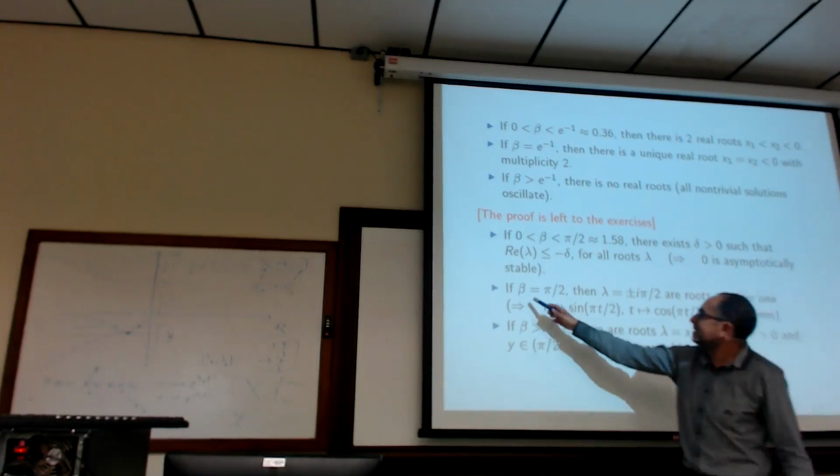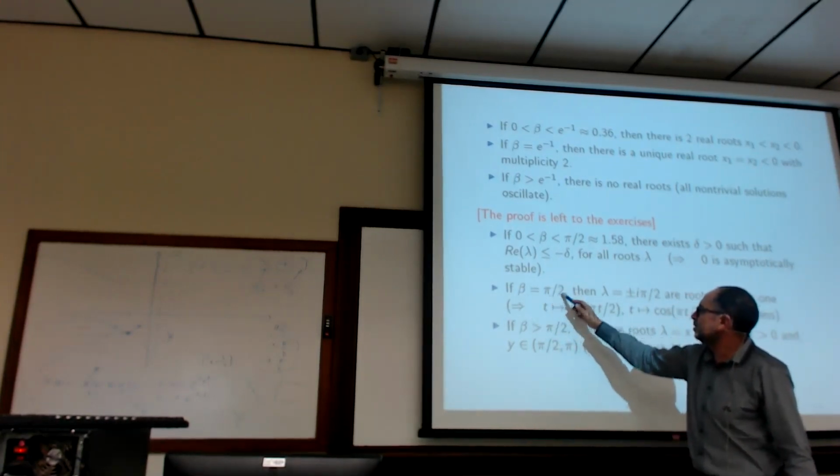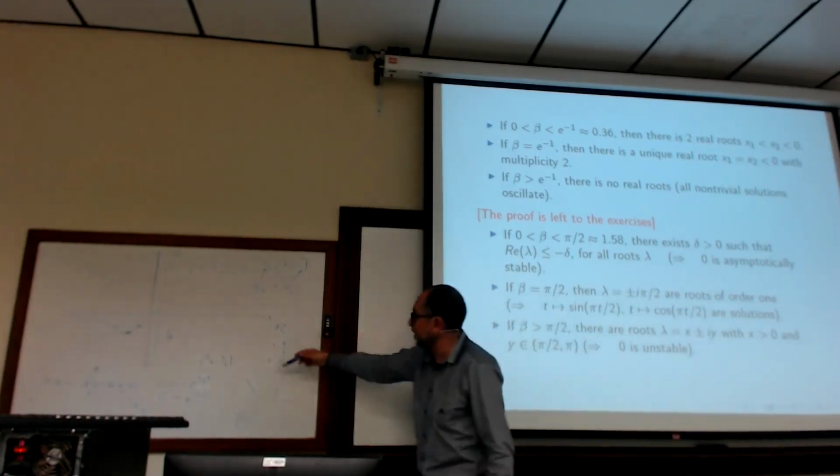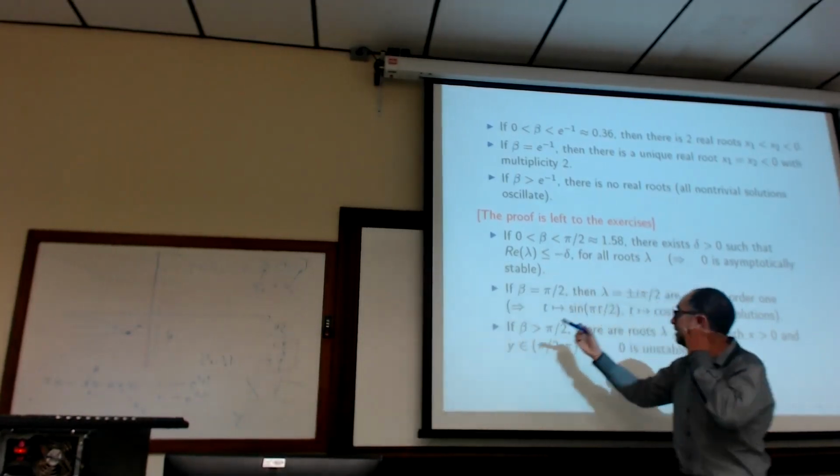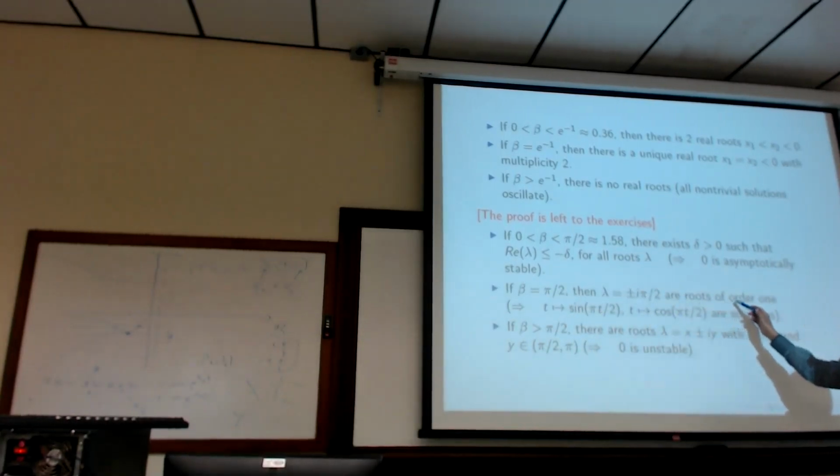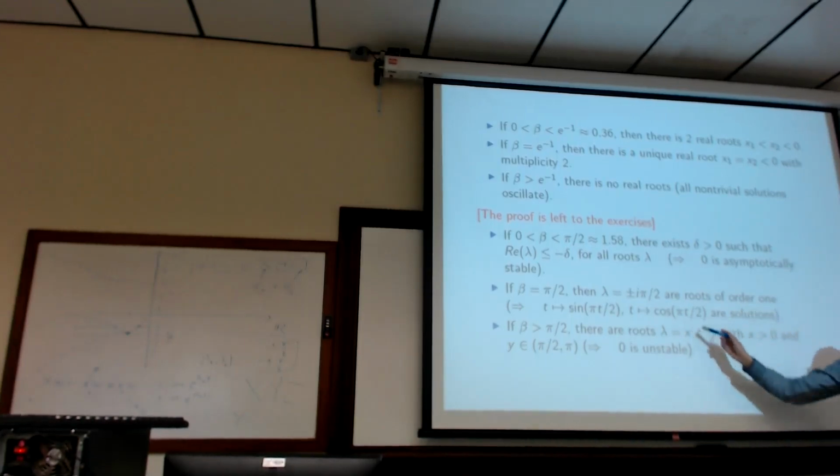And if beta equals this number, this is exactly what I took here because I know this result, then you will have 2 periodic solutions. But if we use decomposition, etc., these 2 periodic solutions will attract all the other solutions.